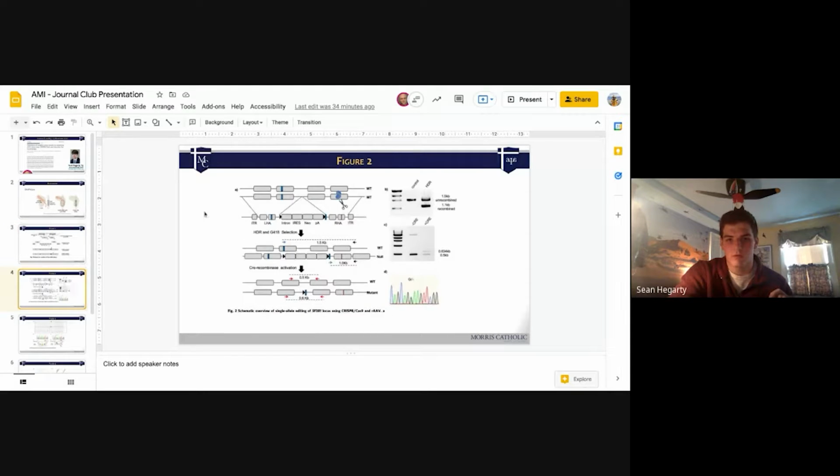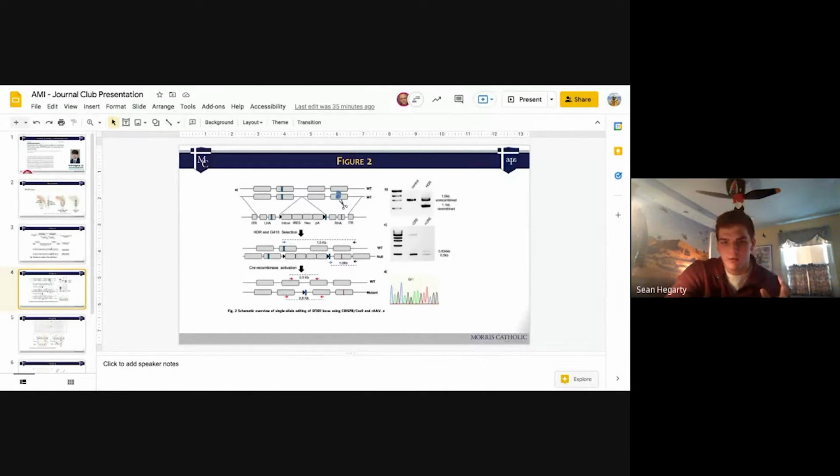And so in figure 2, again, we see how by cutting the DNA and inserting that transgene, they were able to mutate one base pair, which was able to turn on the other half of the heterozygous gene.